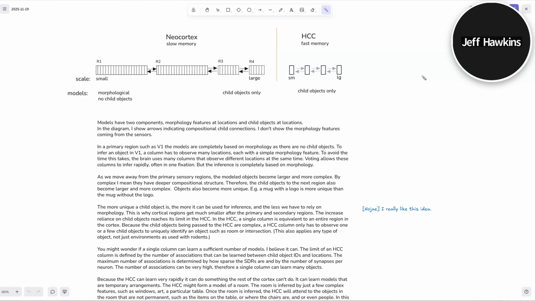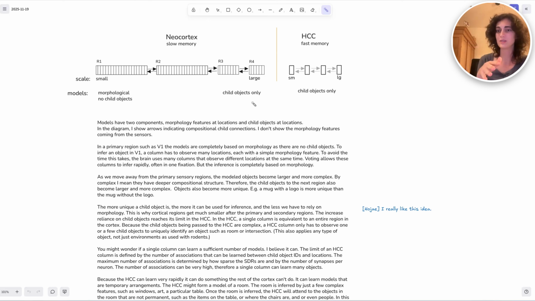It's helpful, although it's not really on the topic that I wanted to get to today. I think the main point you made still applies in the same way. It's just not as black and white as the pictures up there, where there are no child objects at the bottom and no morphology at the top.